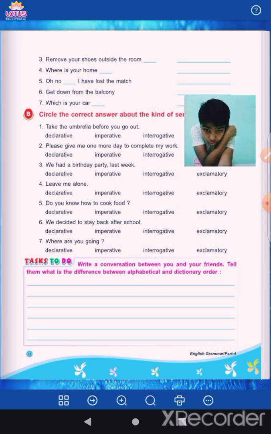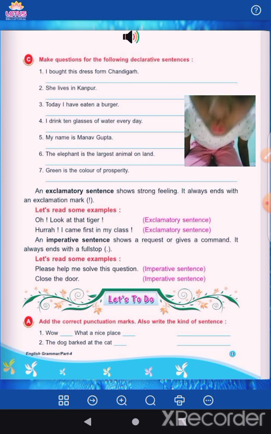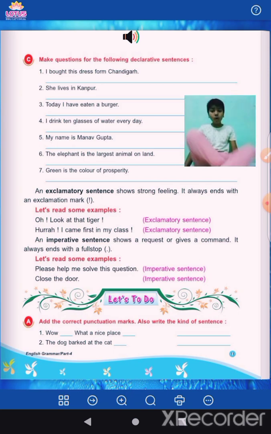An exclamatory sentence shows strong feeling. It always ends with an exclamation mark. Got it? So let's read some examples. Oh, look at the tiger! You don't have to read it flat, no. Oh, look at the tiger!